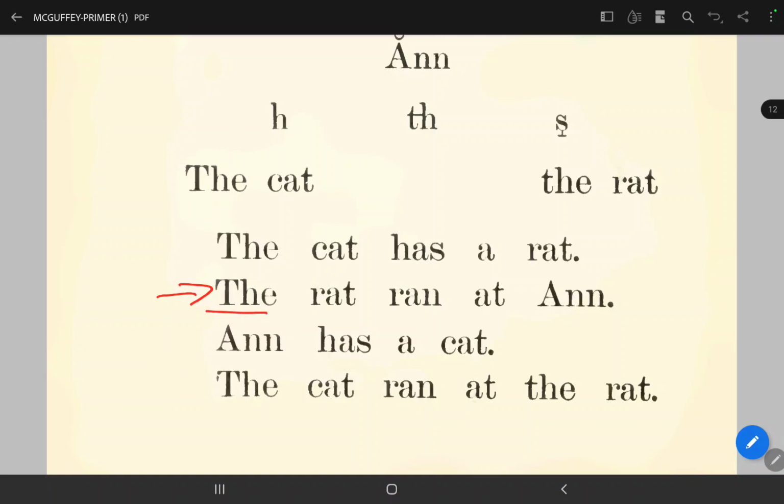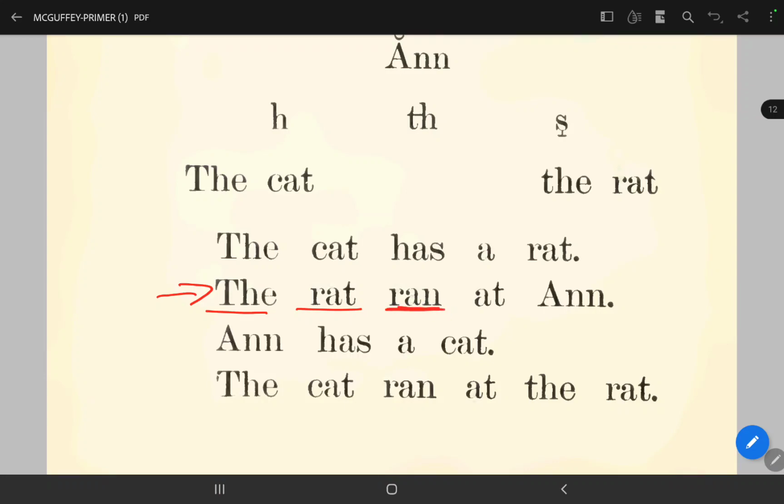Okay, there's that word the again. T-H-E, the. Next word, R-A-T. The English R, R. That A, and the T, t. Rat. The rat. Now here's a new word for you.